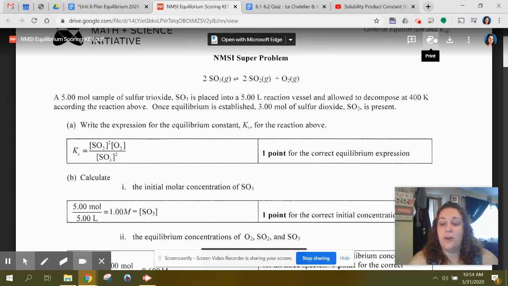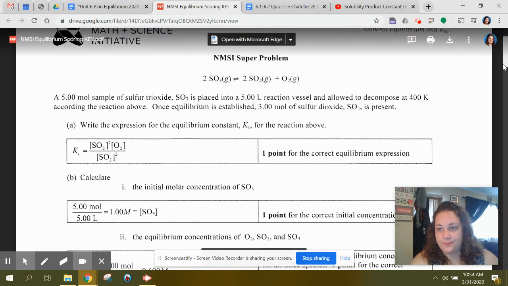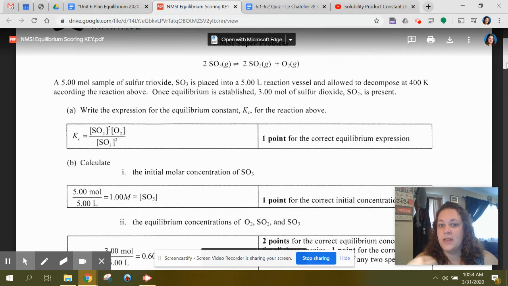So then for equilibrium, the SO3 is going to be 1 molar minus 2x. The SO2 is going to be 2x. The O2 is x. So when you set up your ICE table, they told you at equilibrium there's 3 moles of sulfur dioxide. So 3 moles in a 5-liter container is 0.6 molar.